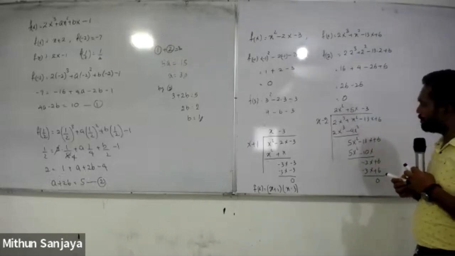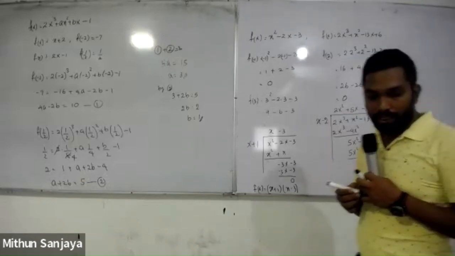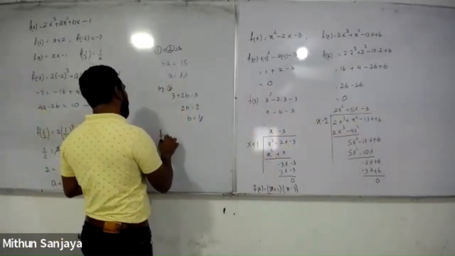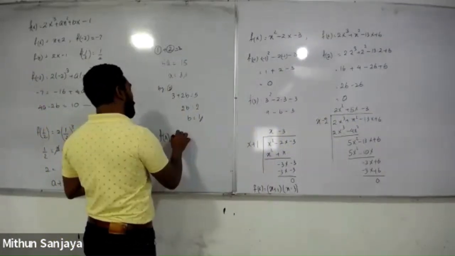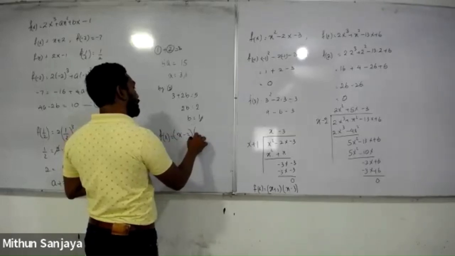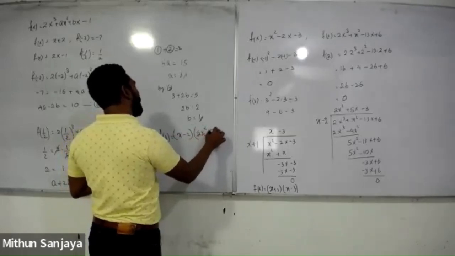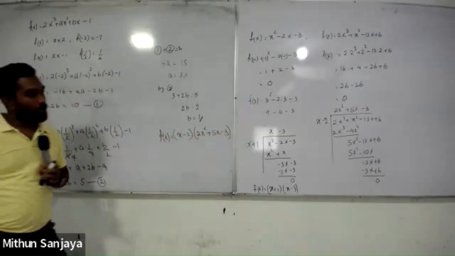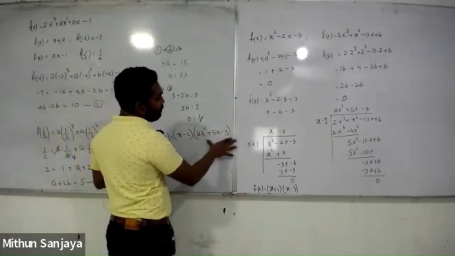Now we have f(x) equals (x minus 2) times (2x squared plus 5x minus 3). So we can get the factors of this one normally.